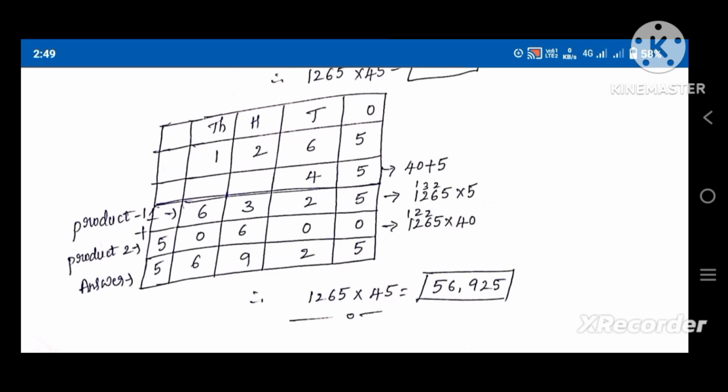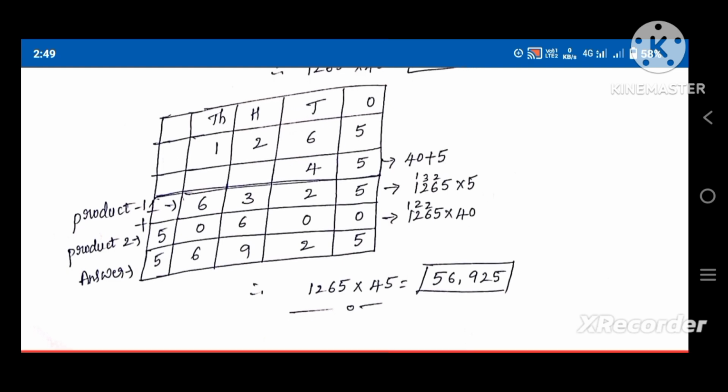Multiply 1265 into 45. 45 means 40 plus 5.